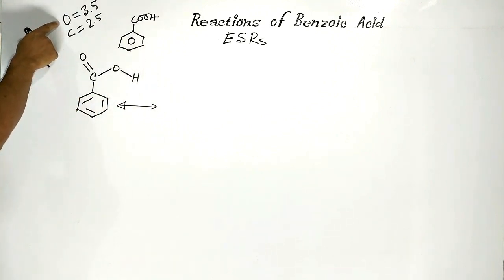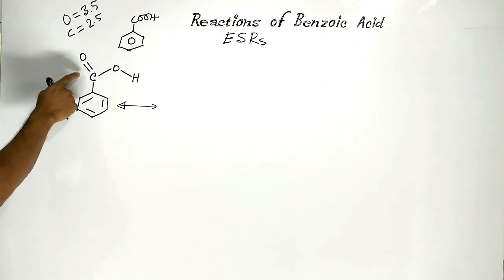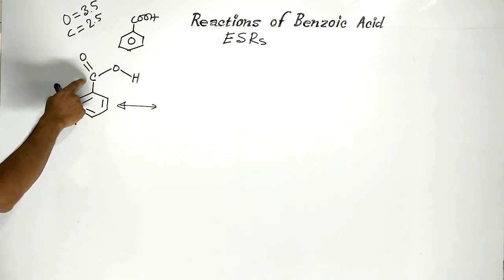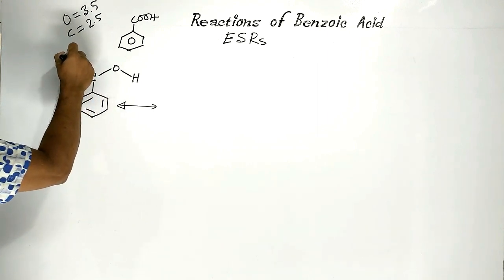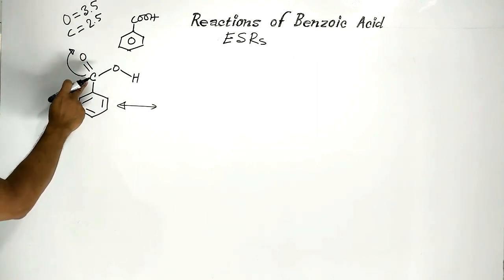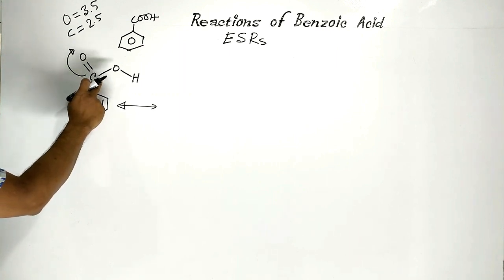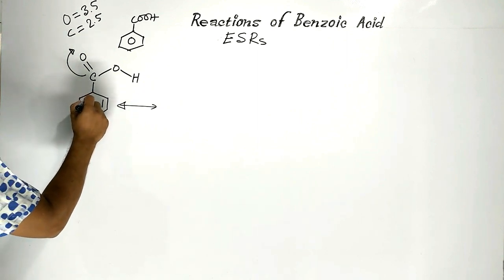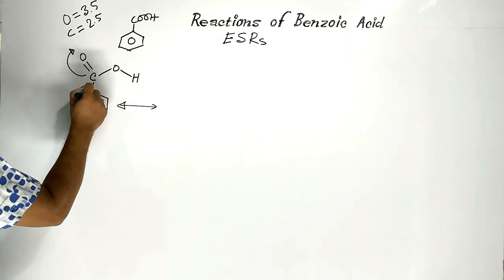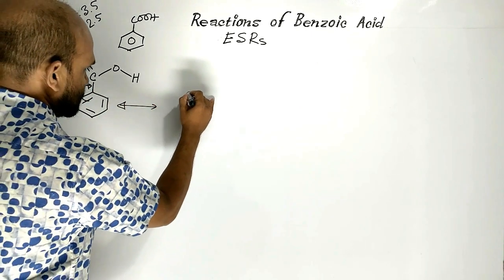As electronegativity of oxygen is higher than carbon, this carbon-oxygen bond gets polarized, and at that time over carbon positivity develops. That is why this pi bond moves here, and this is obtained.